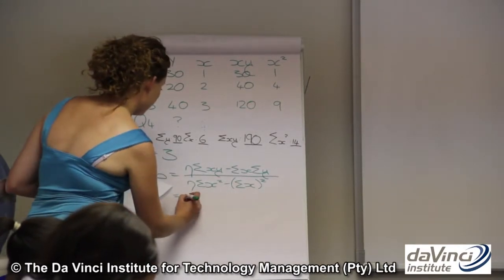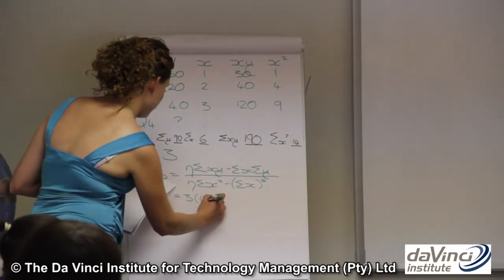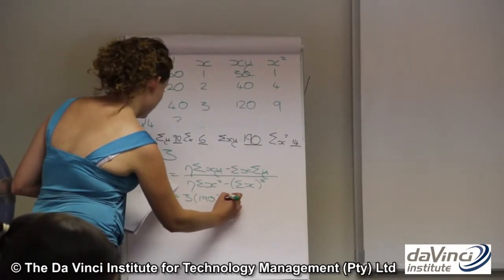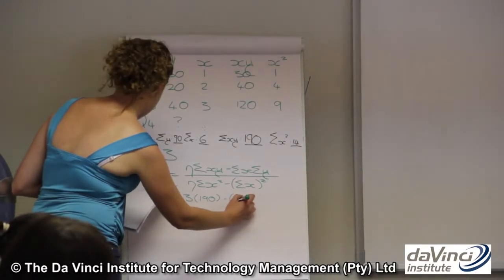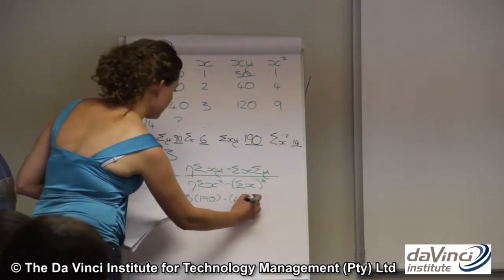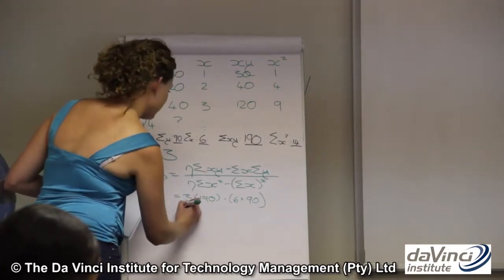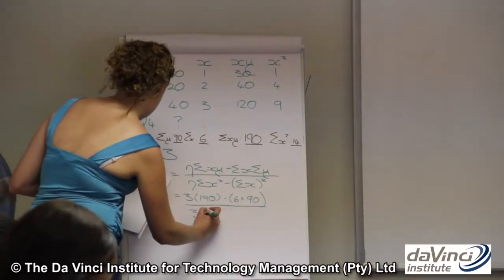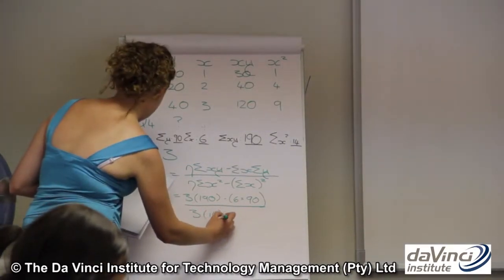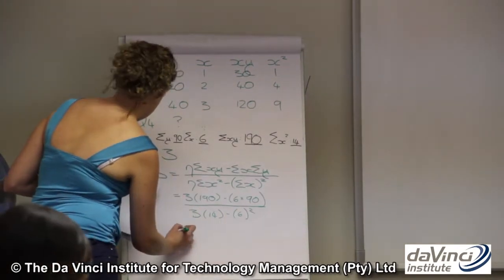So we've got 3 observations and the sum of xy being 190, minus the sum of x times the sum of y.